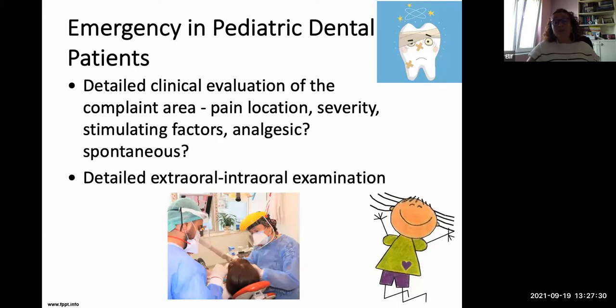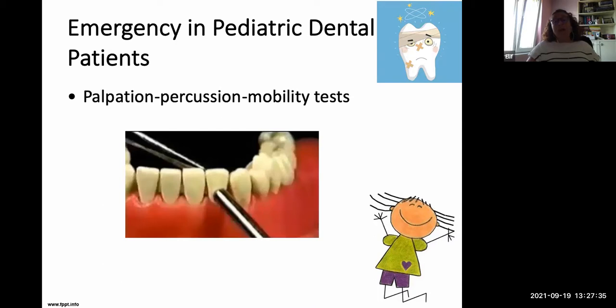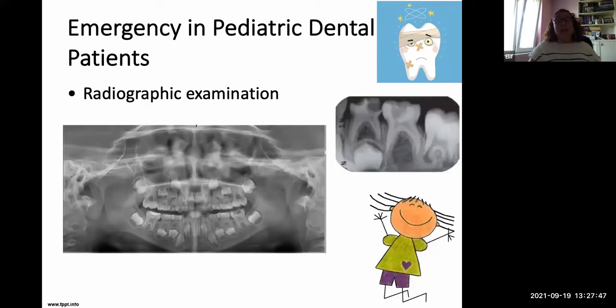Then we have to make a detailed intraoral and extraoral examination. While examining the tooth with the chief complaint, we have to perform palpation, percussion, and mobility tests in order to further diagnose the situation. Radiographic examination is also an important aspect. First, we take periapical or panoramic radiographs, or sometimes dental volumetric tomographies if needed.